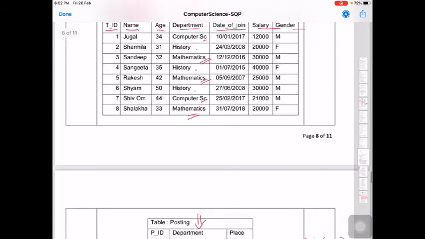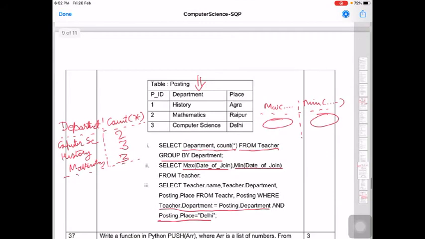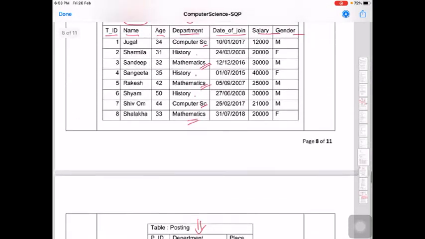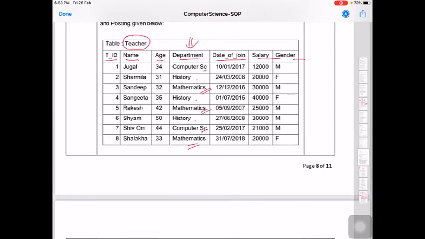So from these you will just have name of the teacher, his department and posting place. Okay, so you just remove these computer science because the perfect match is not there.